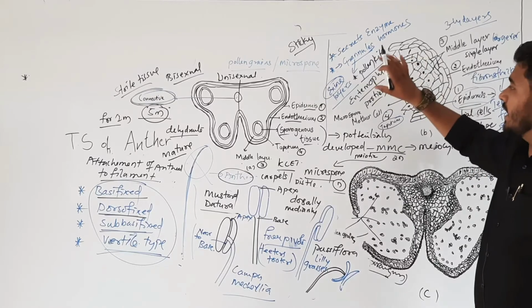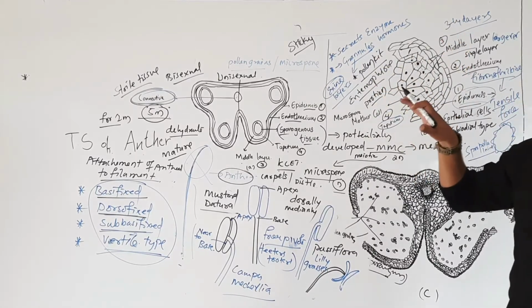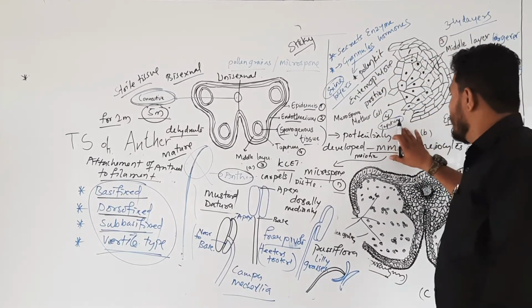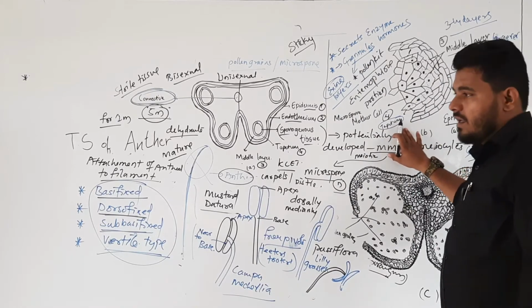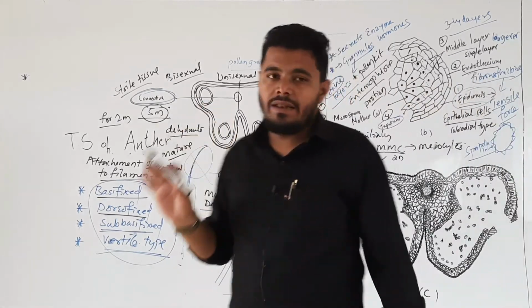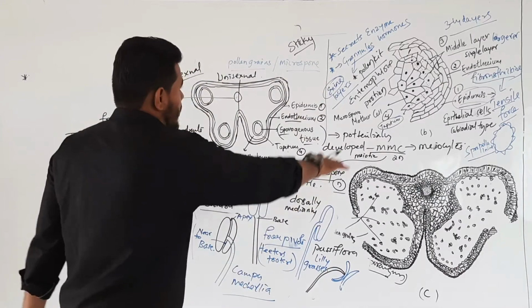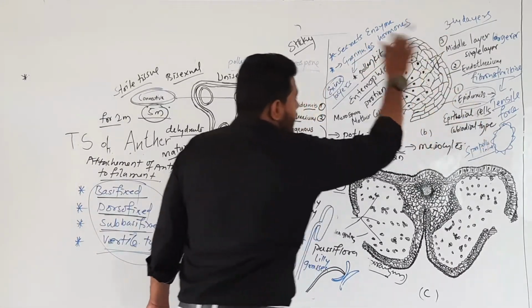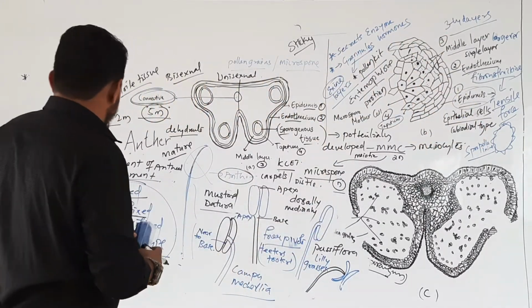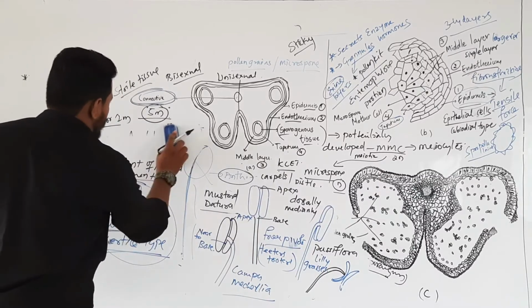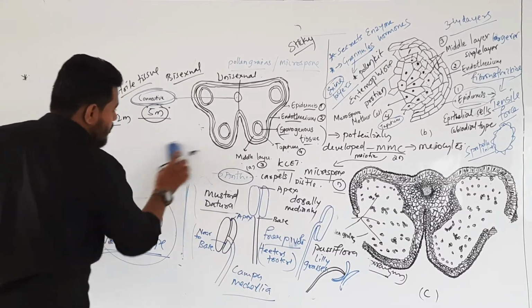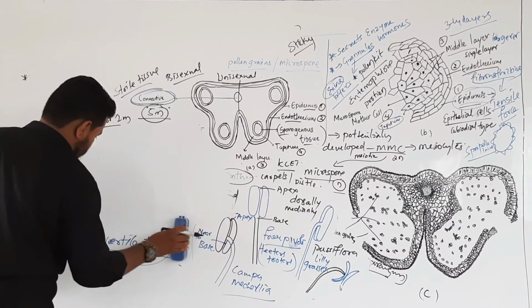These proteins help that compatibility. So these are the further importance of the tapetum layer. This is about the layers of the microsporangium. Now we move to the microsporogenesis process.